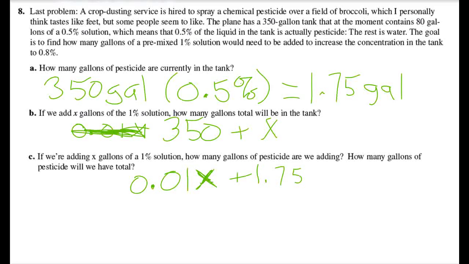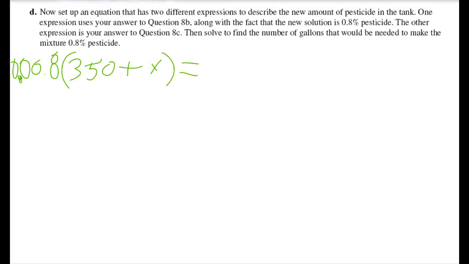So that's also the volume of pesticide in the tank, because the 1.75 was the gallons of pesticide before. 0.01x is the gallons of pesticide that we're adding. So both of these will give us the volume of pesticide in the tank.